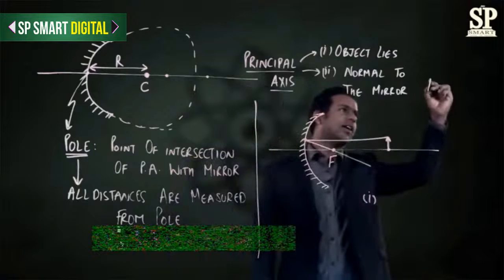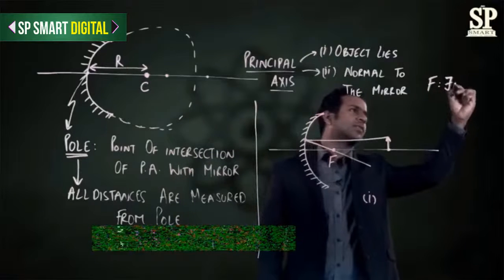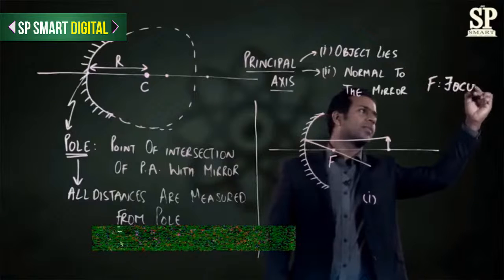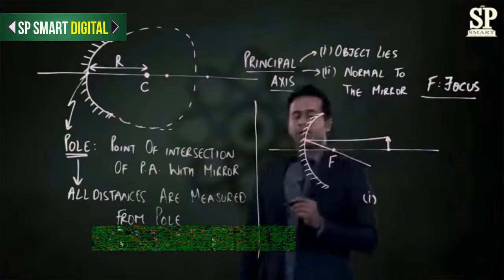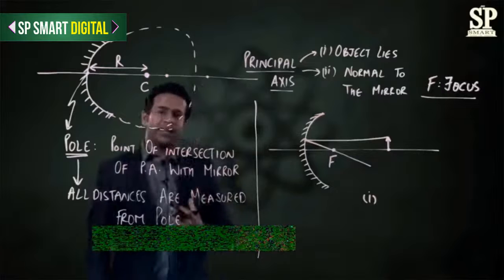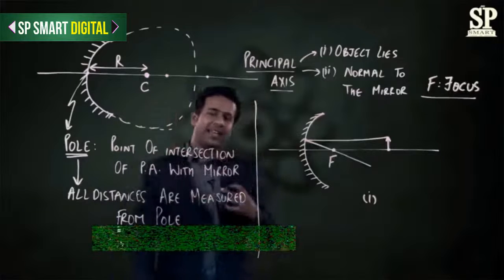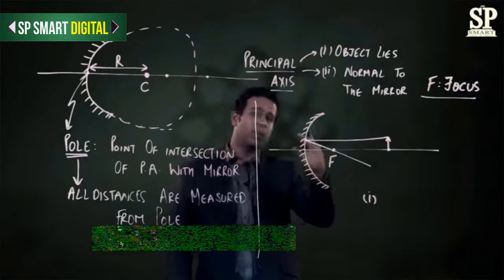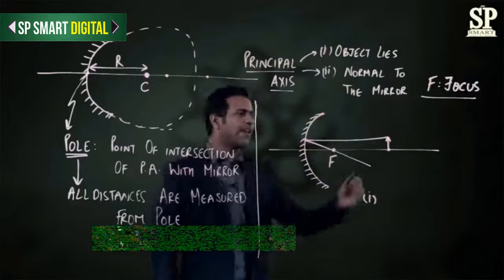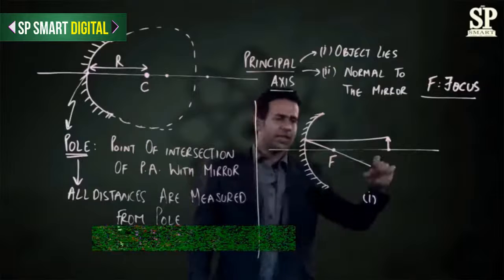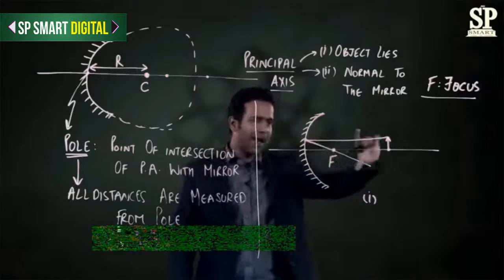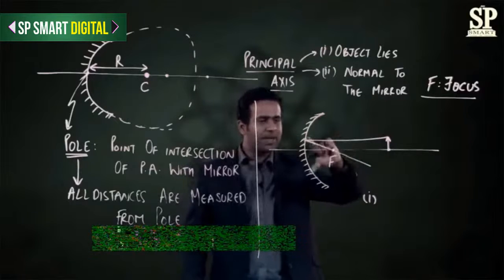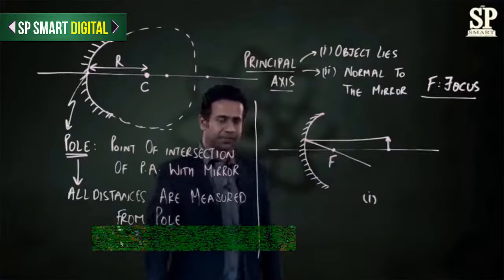So F here denotes focus. So focus is a point from where any ray which is parallel to the principal axis will pass after reflection. So if I was to draw multiple rays, then all of those rays which are parallel to the axis would finally pass through the focus.